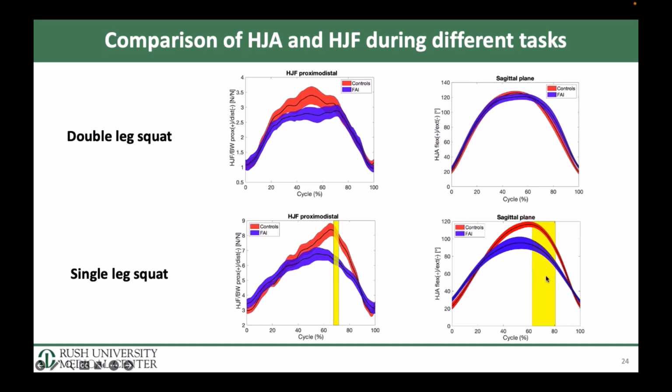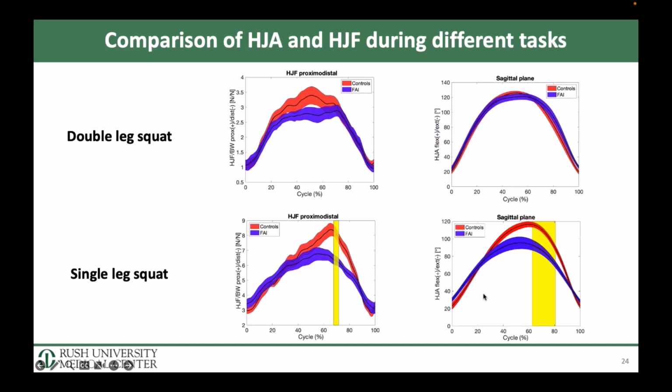Why do we have these differences? The idea is that if we have higher forces in single leg squat, then patients are not able to withstand such high forces, and so for this reason they will perform squats that are less deep than the ones performed by controls. And so for this reason, we will have a lower sagittal plane hip joint angle.